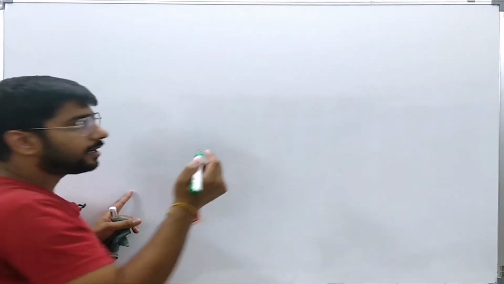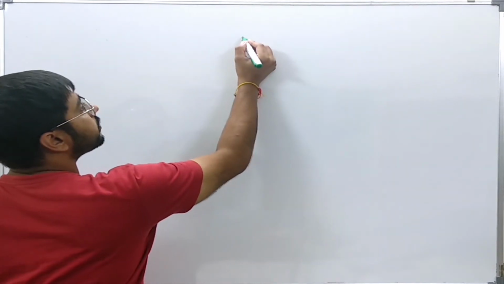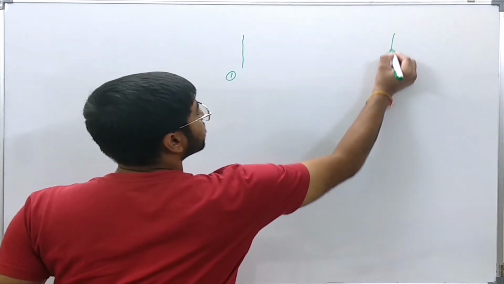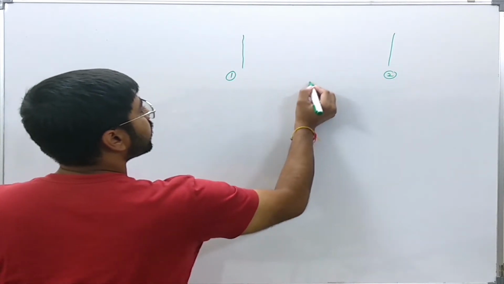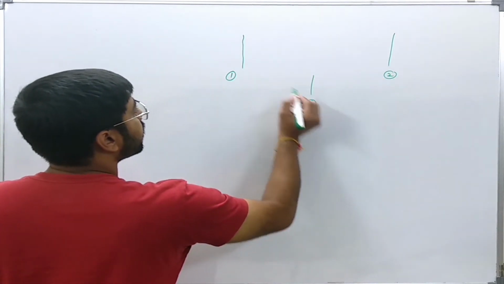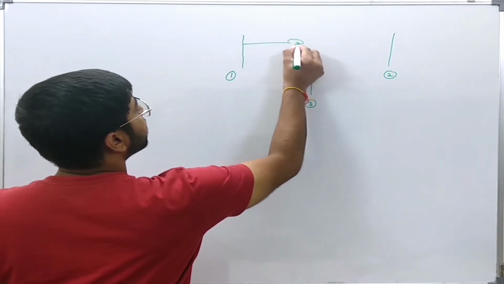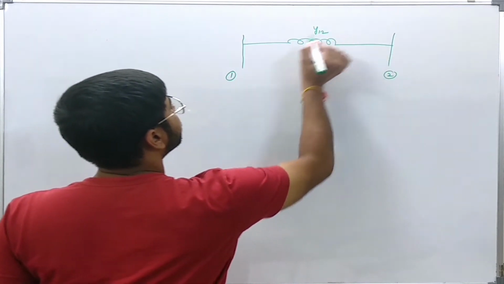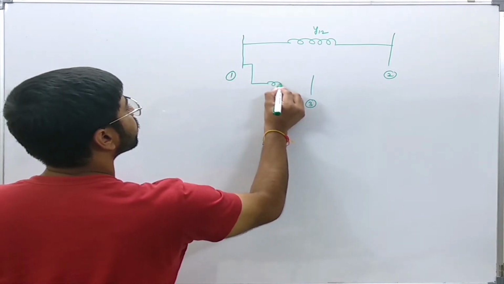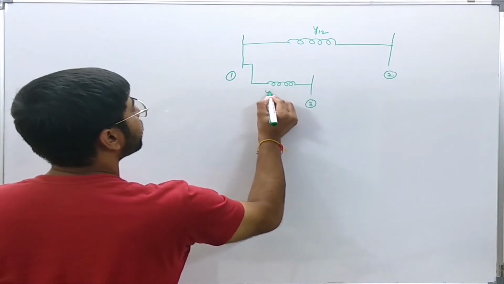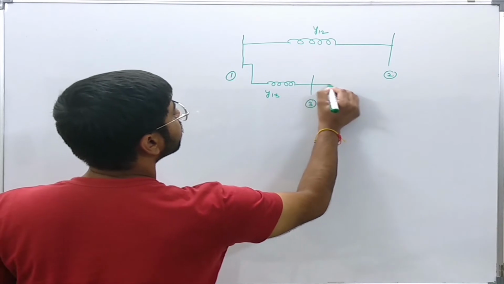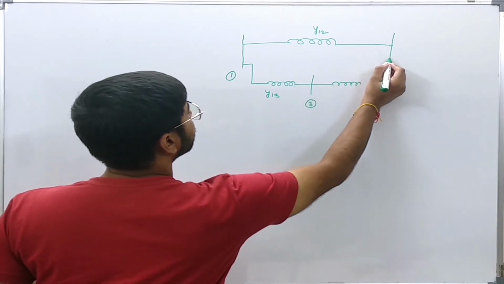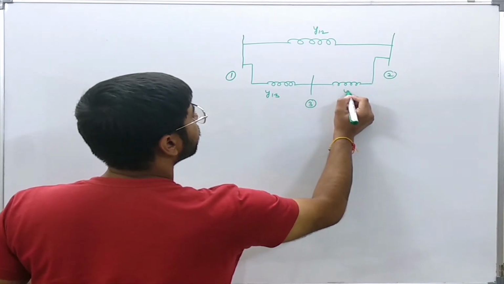In the lecture I have drawn a 3-bus system. Let us say this is bus 1, this is bus 2 and this is bus 3. I have also shown an admittance Y12, Y13, Y23.